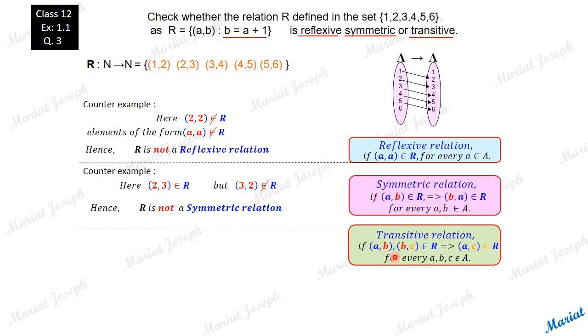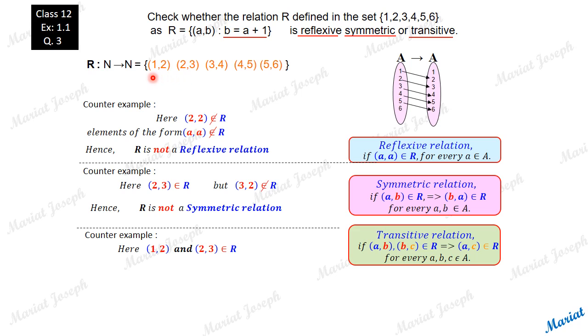Here b is the same element in both of them: the second element here and the first element in the second one are the same. So let's take some pair from here in that form. I'm taking (1, 2), (2, 3). Yes, b is taken the same. (1, 2), (2, 3) are in the relation.